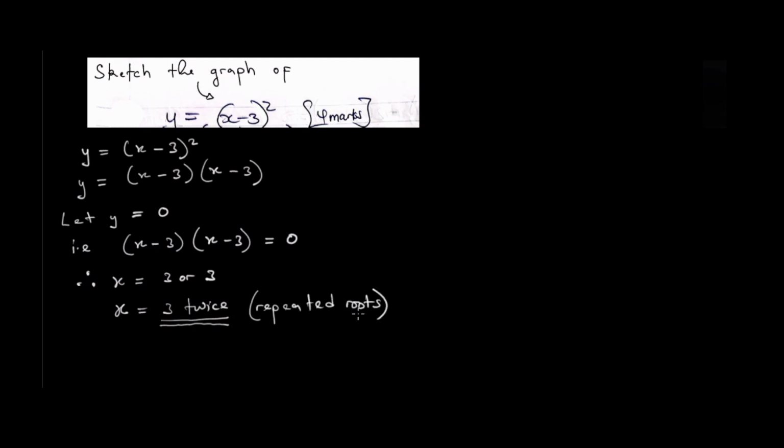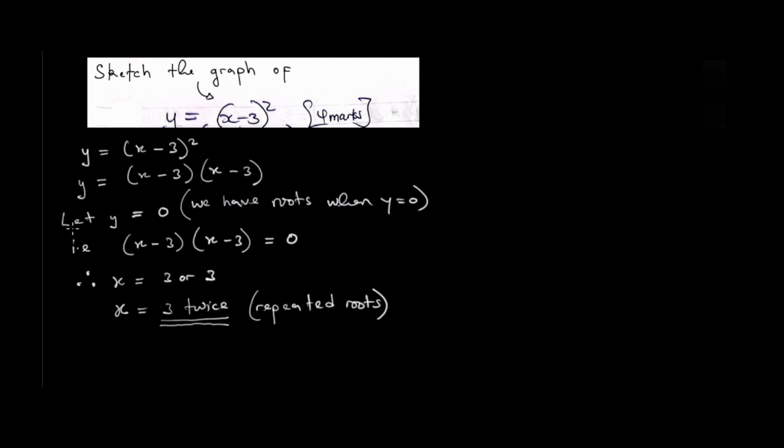And the reason we made this assumption, let y be equal to 0, is that we have roots when y is equal to 0. To find the roots or solutions of a quadratic equation, y should be equal to 0, or the function of x should be equal to 0.